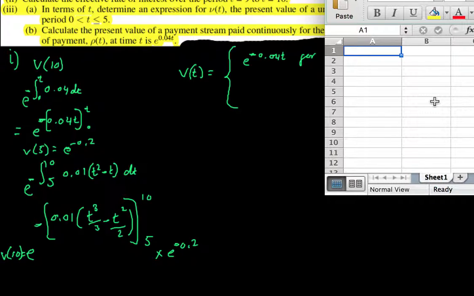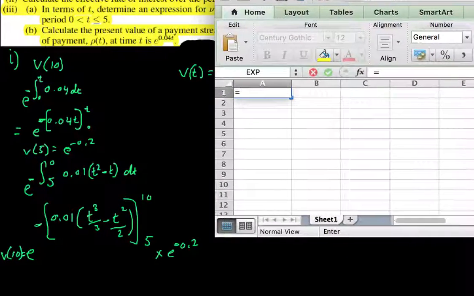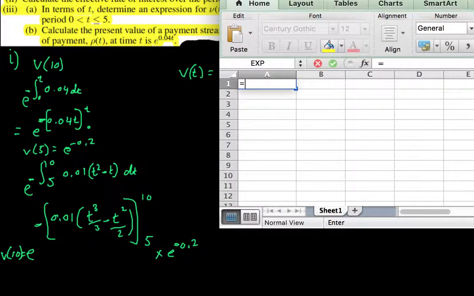So we are saying that it is e, I'll just work it out like this. I'll first do the inside brackets bit. So we're going to sub in 10, so that's going to be 1,000, I'll put inside some more brackets, 1,000 divided by 3, that's minus 100 divided by 2, and then that's going to be minus this bit over here with 5 in there, so we're going to minus the whole function again.